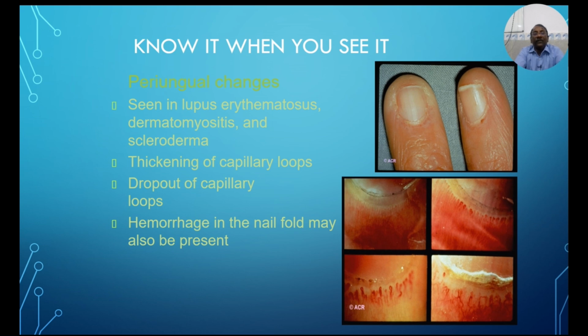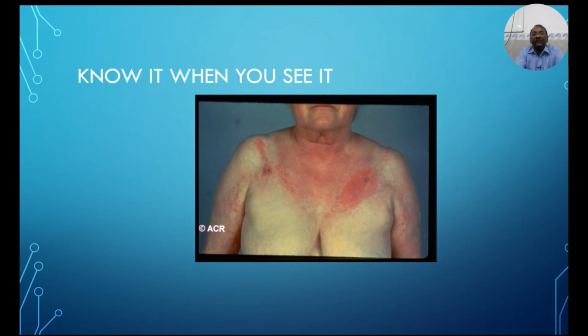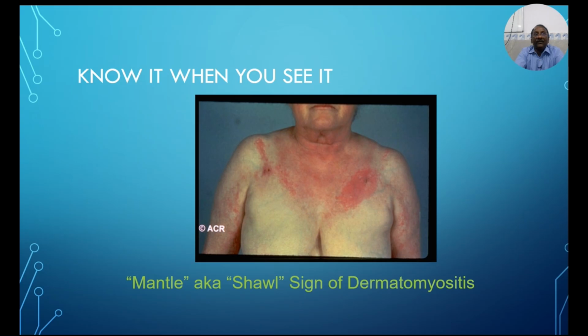Seen in lupus, dermatomyositis and also scleroderma: thickening of the capillary loops, dropout of the capillary loops, hemorrhage in the nail fold may also be present. Shawl sign, dermatomyositis. Dermatomyositis.